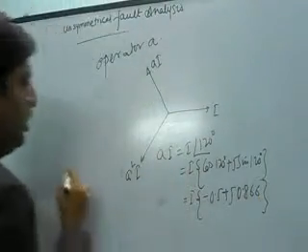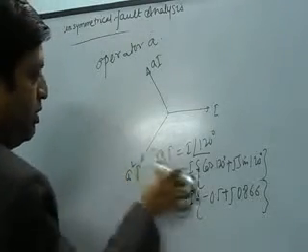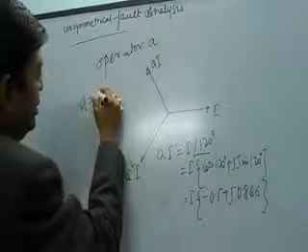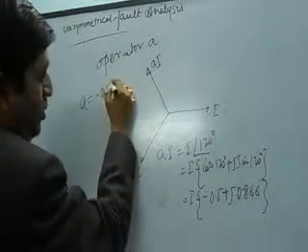Now comparing these two terms, A can be written as minus 0.5 plus j 0.866.